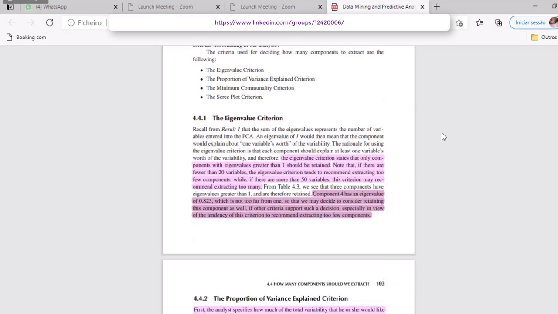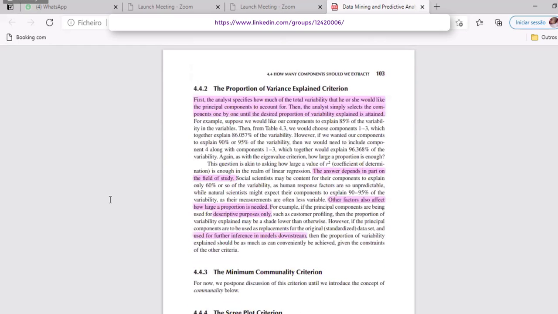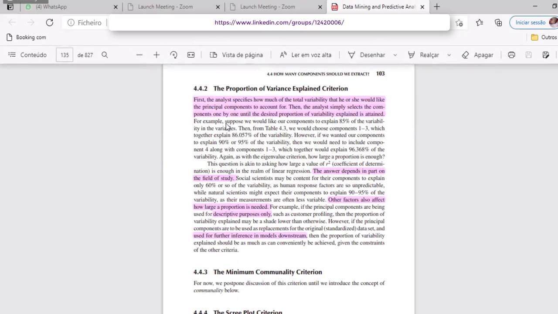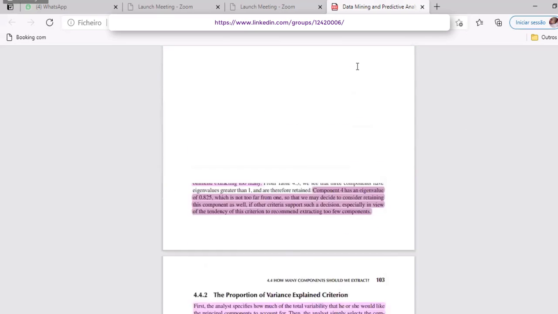So next we will see the proportion of variance explained criterion. This is just first choosing how much variability we want to explain, and then cutting off the components by that value. I will go to the example again.